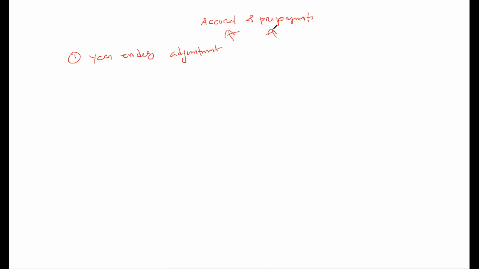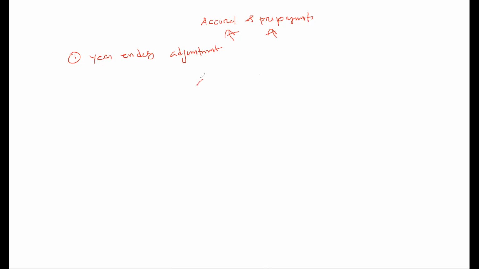So today we're going to explain accruals and prepayments and how we can do the year-ending adjustment. This is chapter number 6 of the Advanced Bookkeeping book for your AAT Level 3 course. So let's start with the accruals.